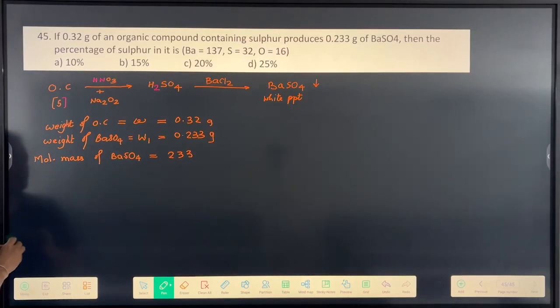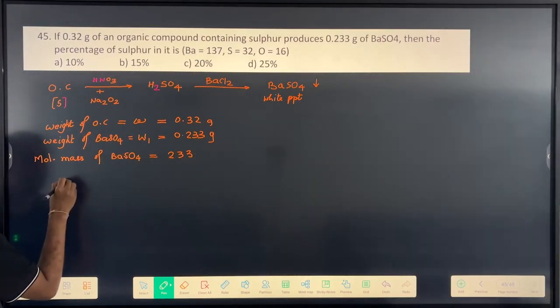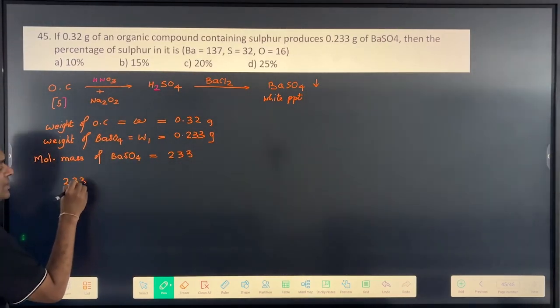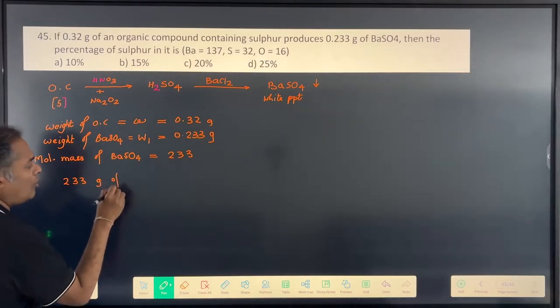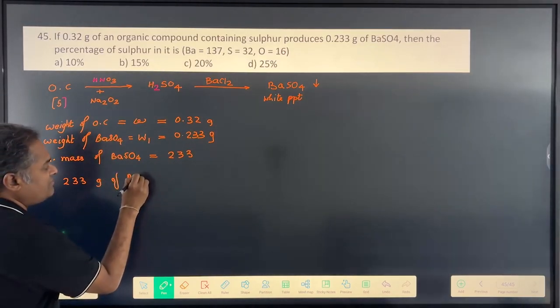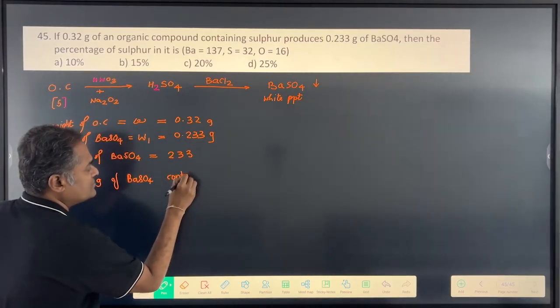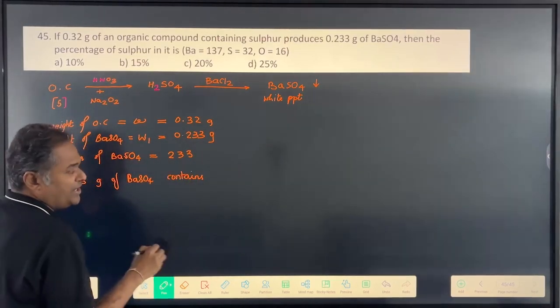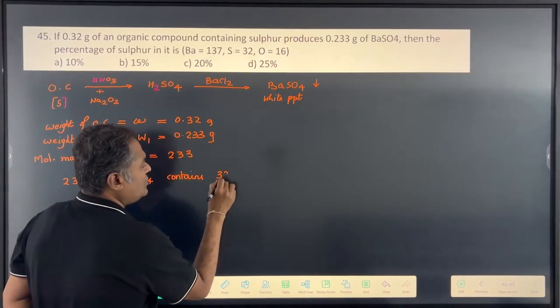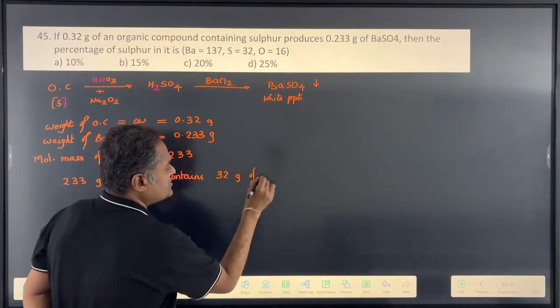Just see. 233 grams of barium sulfate contains 32 grams of sulfur, correct?